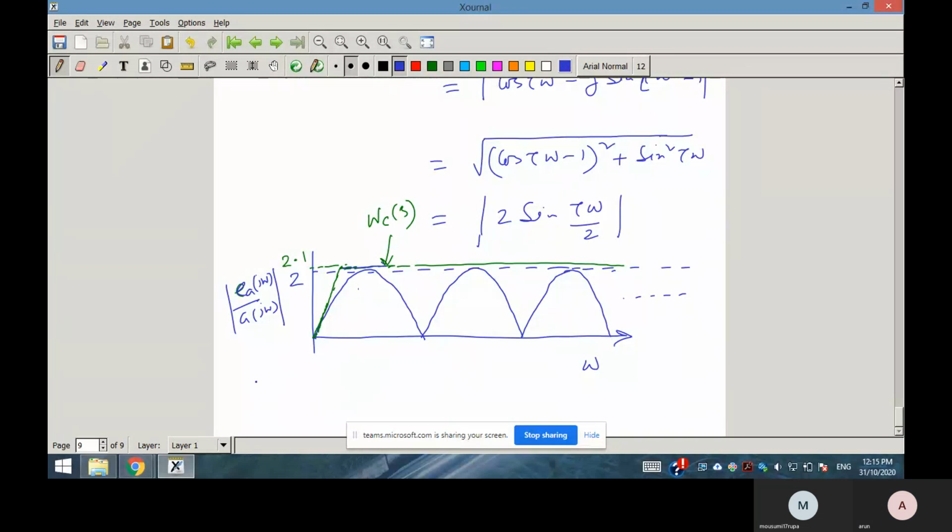So WCS will be a high pass transfer function, a high pass filter. We can consider it like Ks by Ts plus 1.